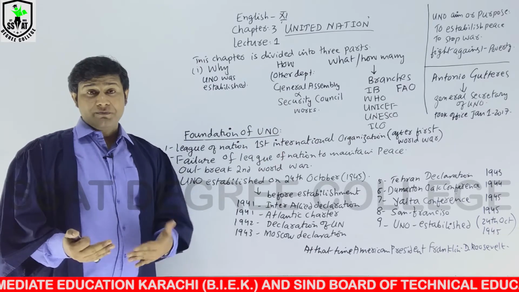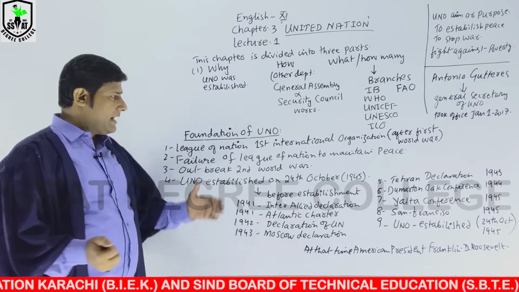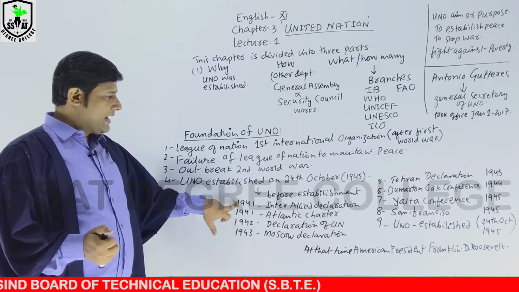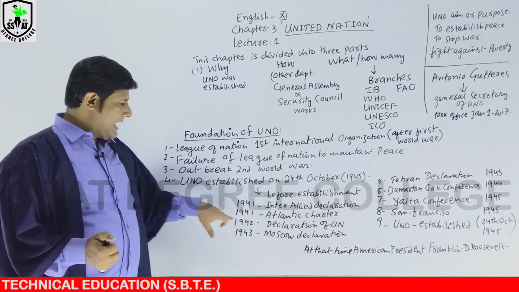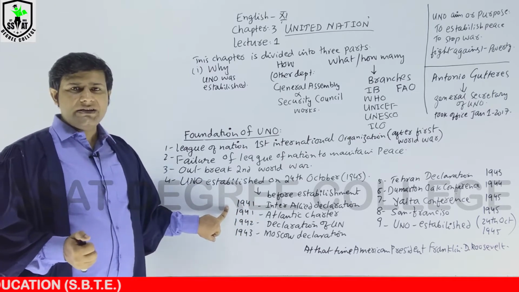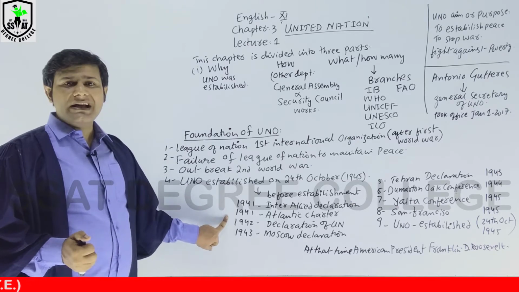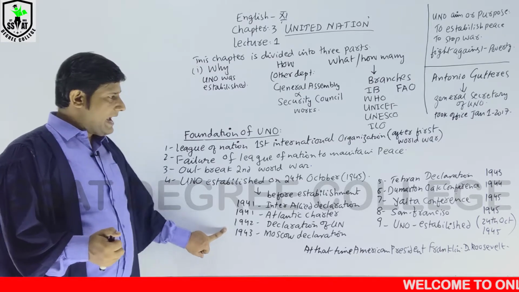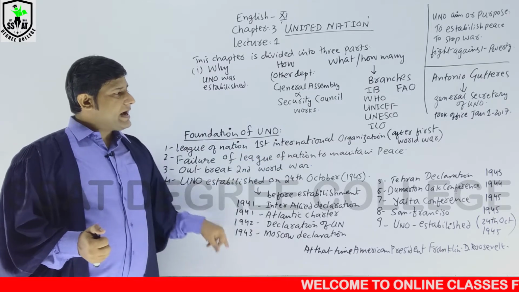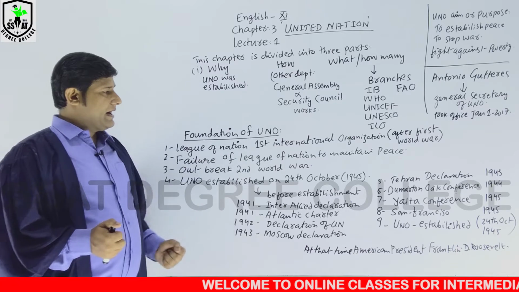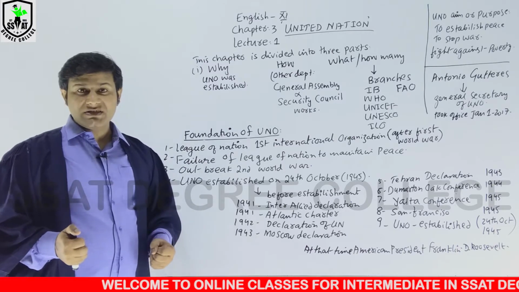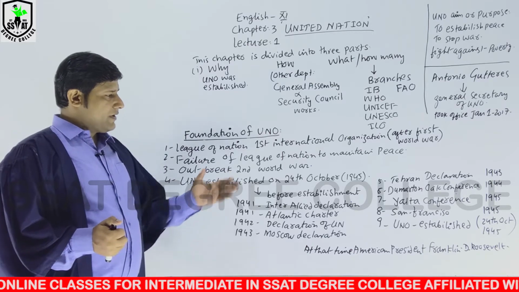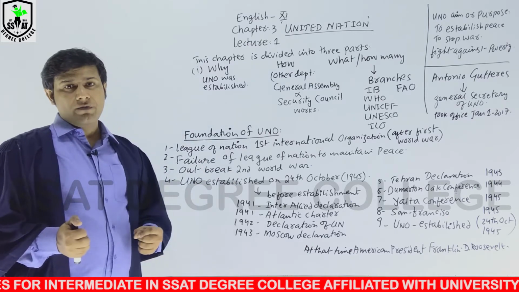But before its establishment, there were many dialogues and agreements: the 1941 Inter-Allied Declaration, the 1941 Atlantic Charter, the 1942 Declaration of the UN, the 1943 Moscow Declaration, number 5, the Tehran Declaration 1943, number 6, the Dumbarton Oaks Conference 1944, the Yalta Conference in 1945, and the San Francisco Conference in 1945.